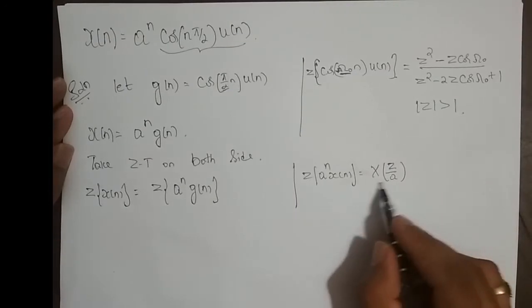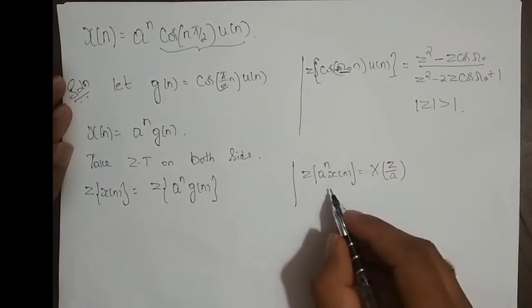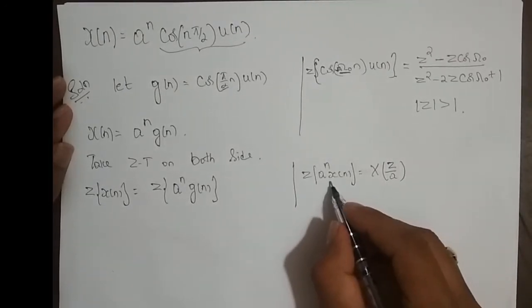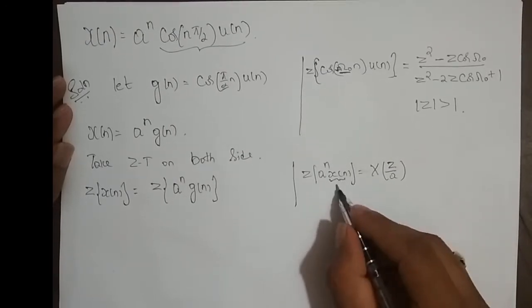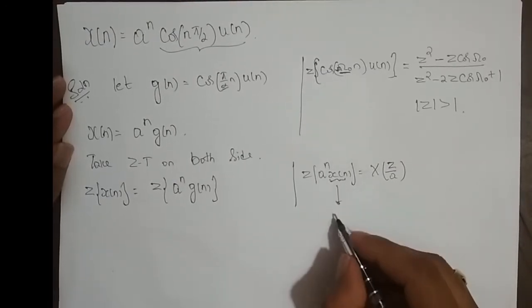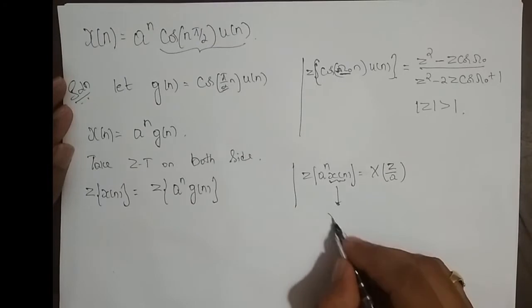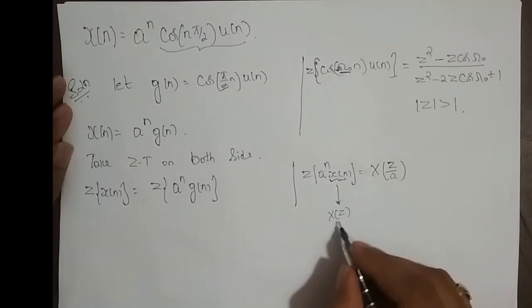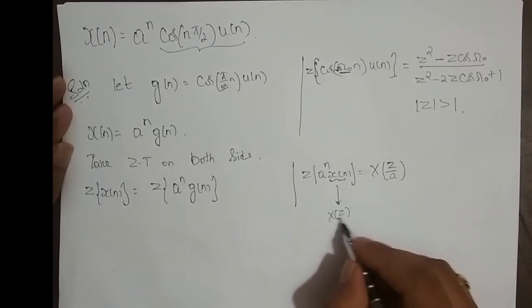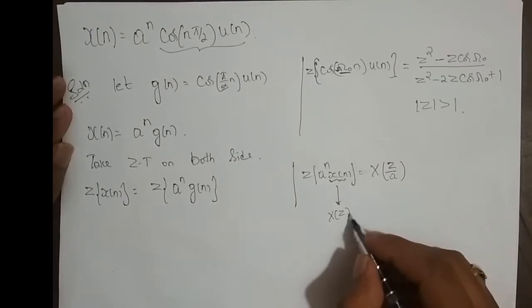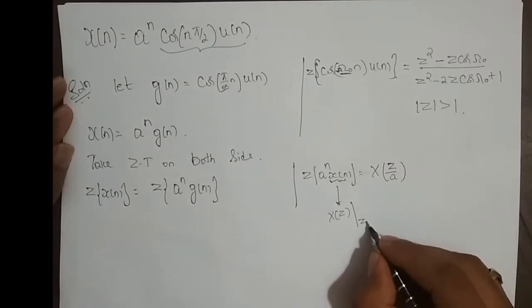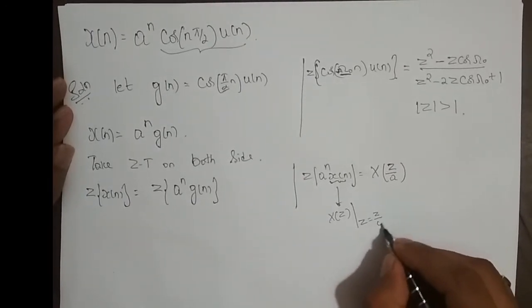What do you mean by this actually? We have the sequence x of n. I have to take its z transform. When I take its z transform, I get X of z. X of z is a function of z, so wherever z is there, I need to replace it by z by a.